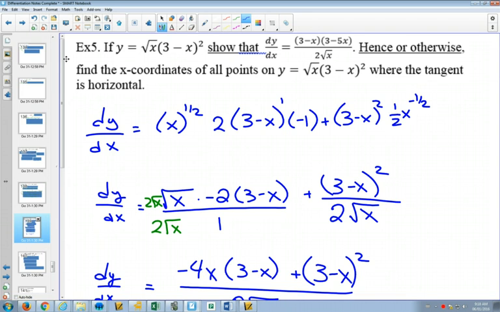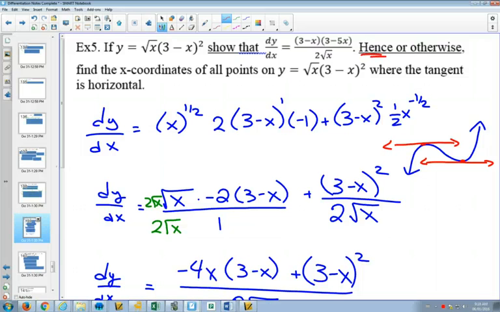What does that mean? Okay, we've got some sort of function like this. We're looking for wherever we can draw tangent lines that are horizontal. What does the derivative tell us? Because we just found the derivative. So if we're going to use the hence part, we're going to use the derivative.